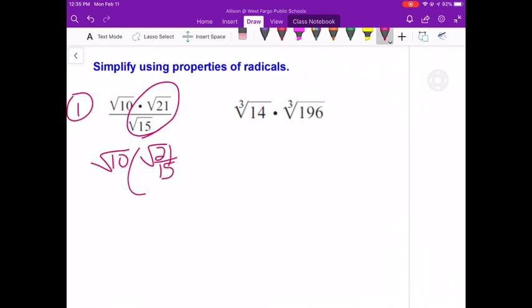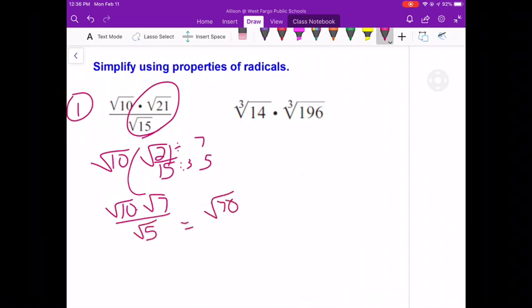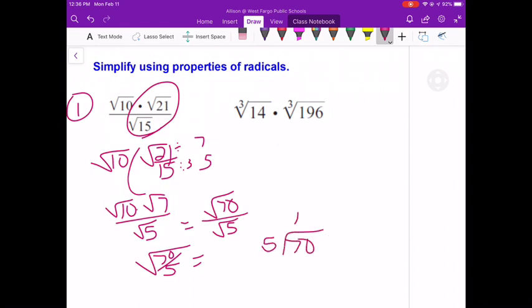That's going to be divided by 3, 7, divided by 3, 5. So you're going to get the square root of 7 over the square root of 5. Now that's the square root of 70 over 5. 5 goes into 70 14 times. So this is square root of 14. And 14 is just 7 and 2, so that can't be simplified any further.